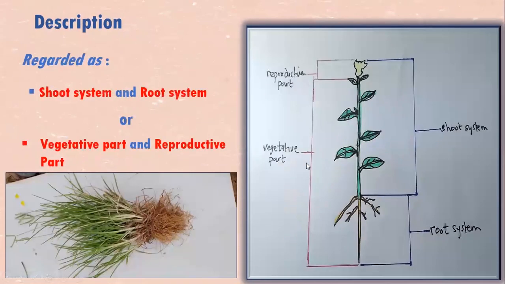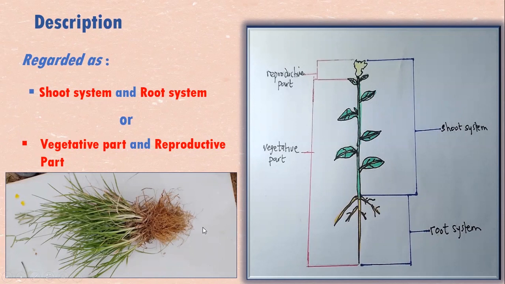Now, in description, both dicots and monocots, in dicots we have shoot system, root system, or we can look at it as the vegetative part and reproductive part. In monocots also, this is the root system and the shoot system. Or we can look at it as the vegetative part here and the reproductive part, flowering.